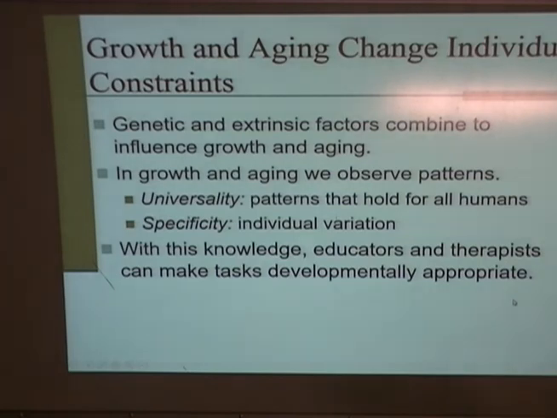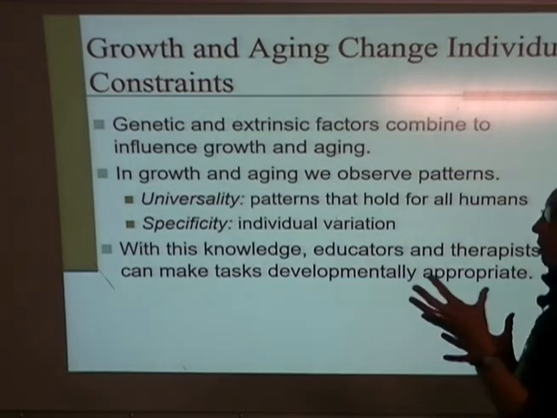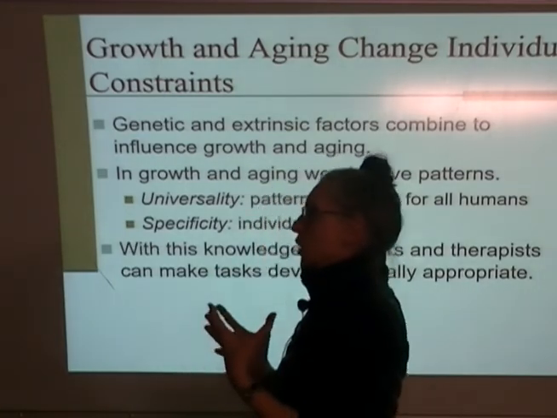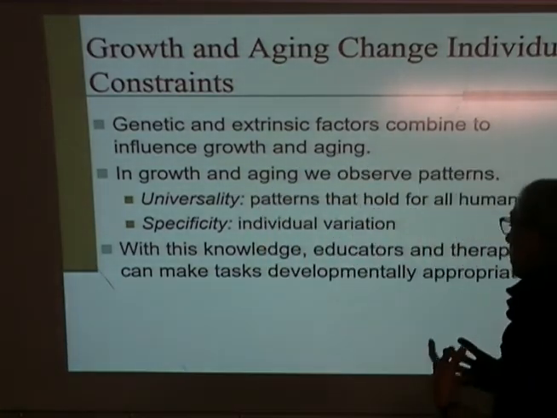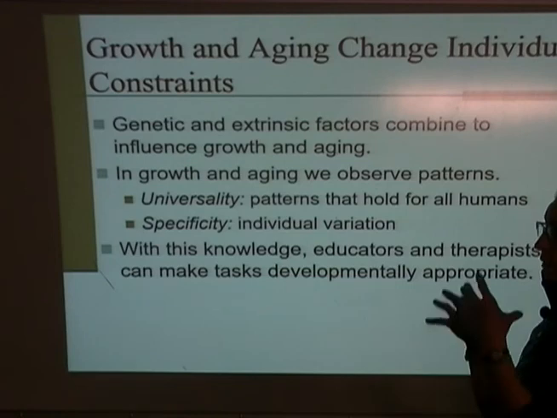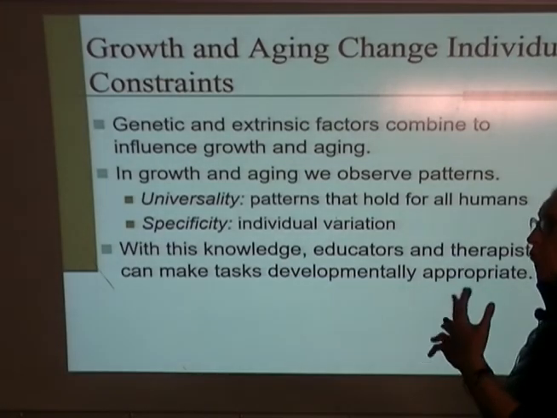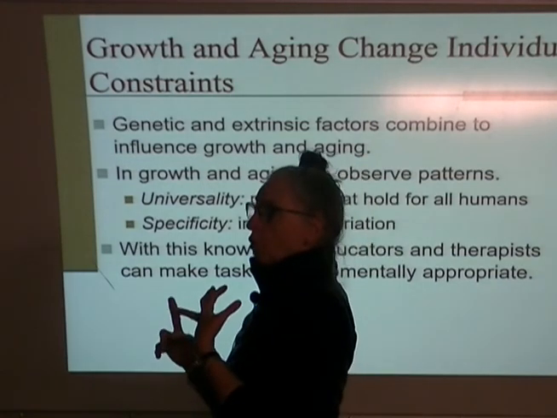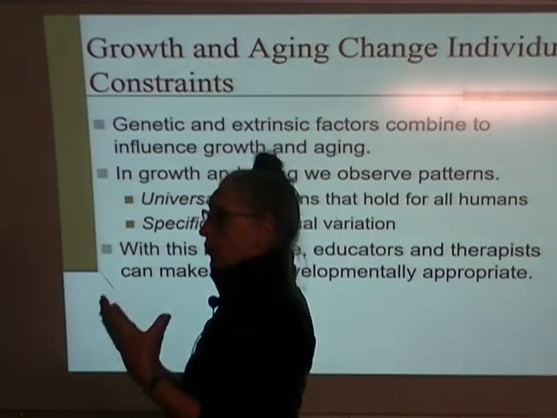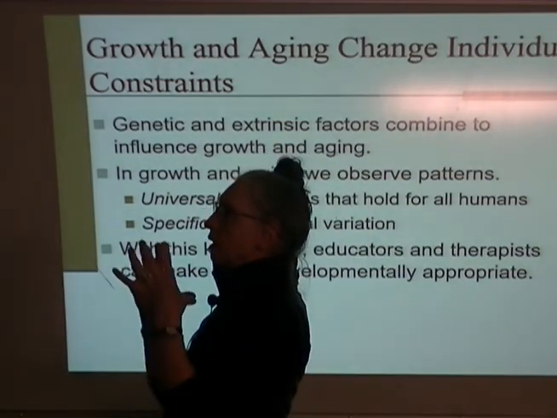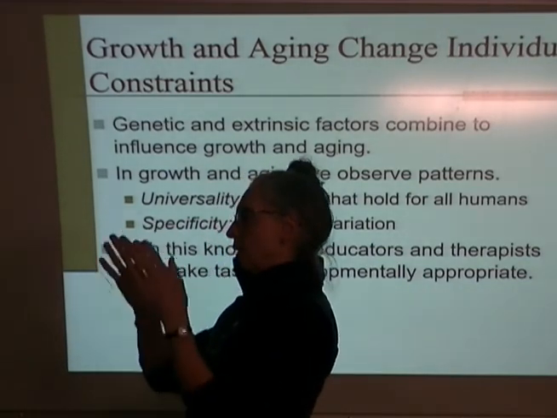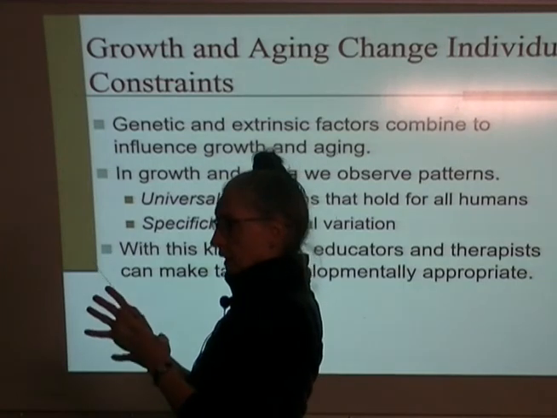So if we understand what the typical pattern is, that makes it much easier for us to create plans for people for rehab or for school, PE, or anything like that that are developmentally appropriate given the point in growth that this individual is in, right?